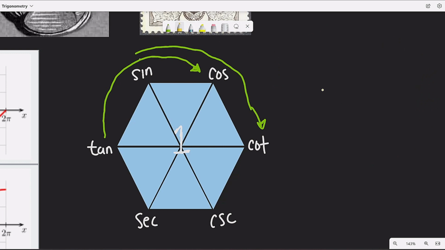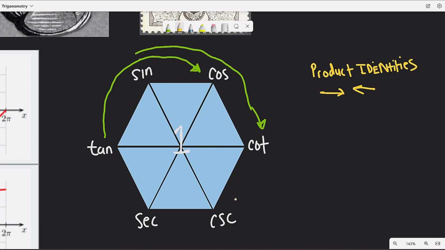Now let's do product identities. We can draw arrows like this pointing to each other to remember our trig identities.